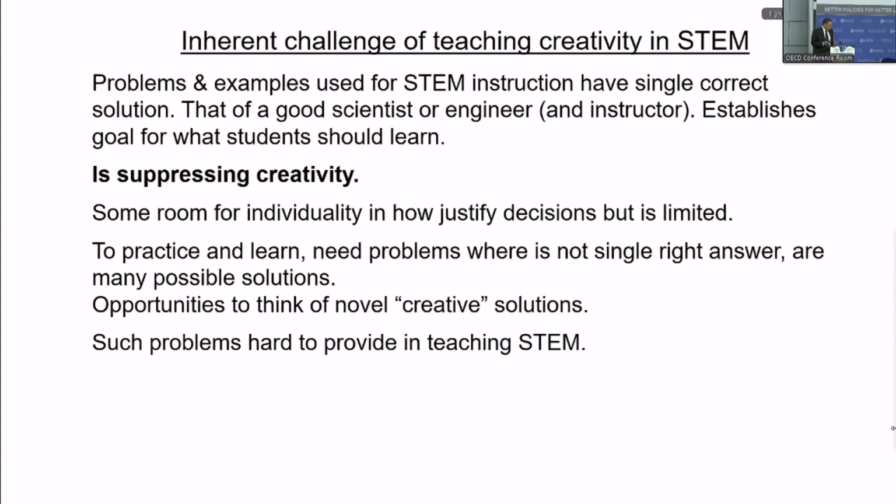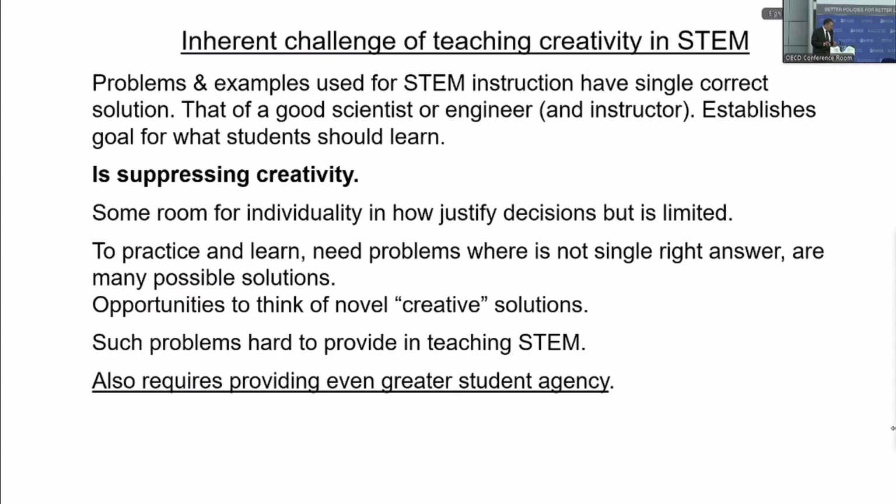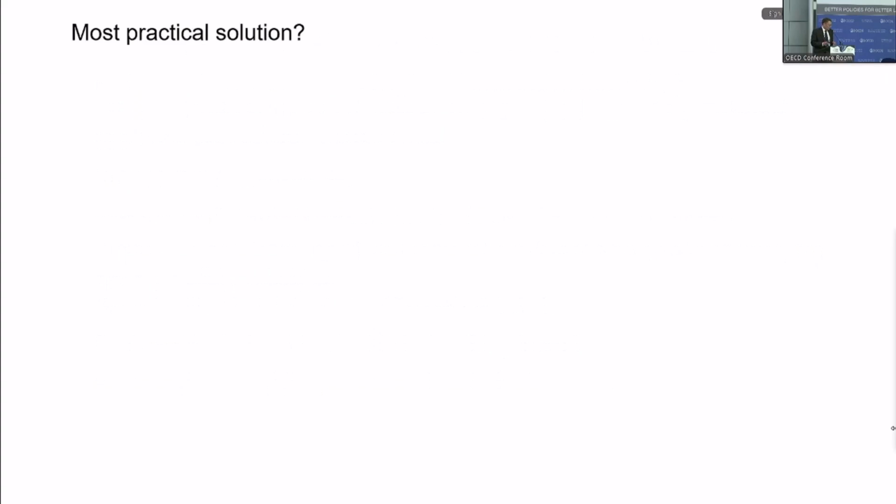And that's just a very hard thing to come up with. There are some examples of people who can do it in teaching STEM, but I know from experience it's really quite difficult. And it also requires even greater student agency because the students now not only have control over making decisions in problems, but they also have more control over even defining what the solution would look like.